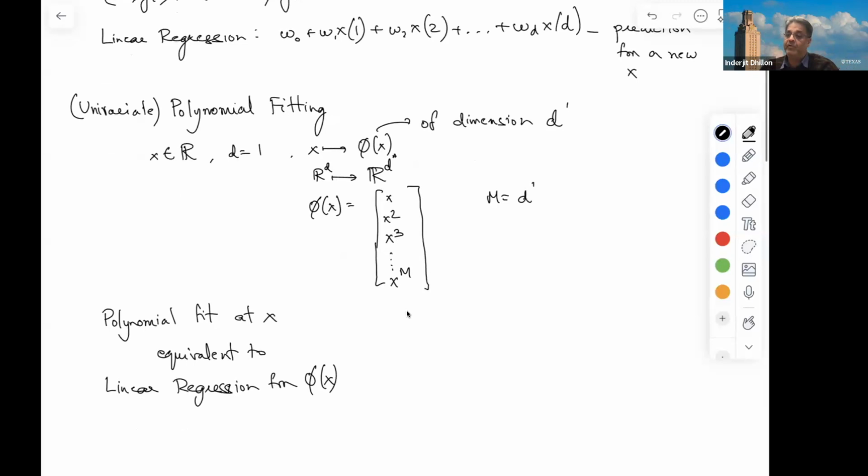So let's think about what linear regression of phi of x is, and let me call that z. So if I say that this vector is z, remember what linear regression is for a vector z? It is w naught plus w1 z1 plus w2 z2 plus and so on up to wm zm.